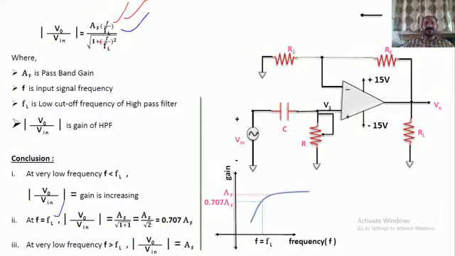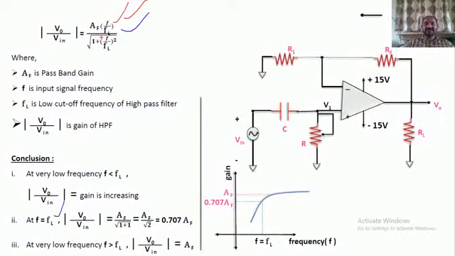So I'll eliminate the 1, because f by fL is a much greater value, and adding plus 1 to this high value will not affect the result much. So I'm assuming that the entire denominator is the square root of (f by fL) whole square, approximately.